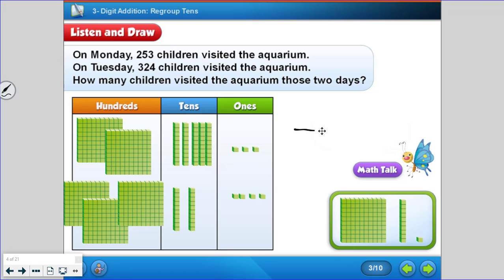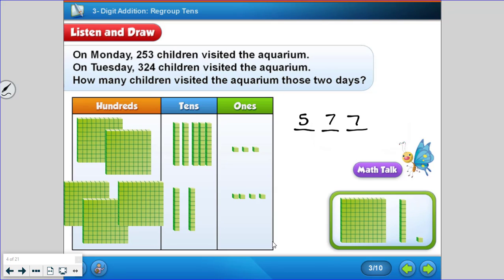So my 3 places, hundreds, tens, ones, I ended up with 5 hundreds, 7 tens, and 7 ones. So 577 children visited the aquarium in those 2 days. So hopefully you came up with the same answer I did.